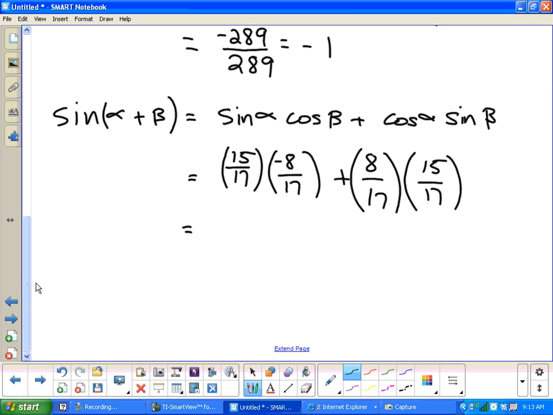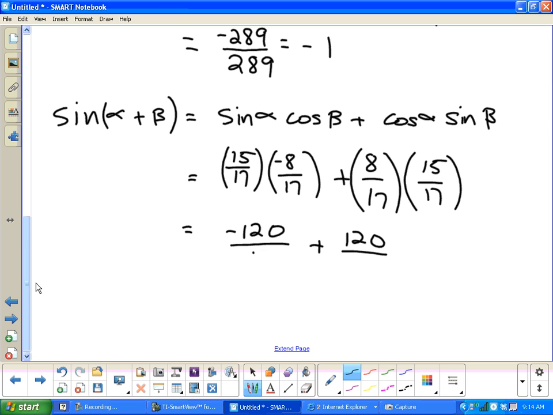Okay. Now, we multiply before we add there, right? Now help me out. What's 15 times negative 8? Negative 120? Okay. Negative 120 over 17 plus. Alright, this one would just give me 120. Oh, I'm sorry. I messed up.